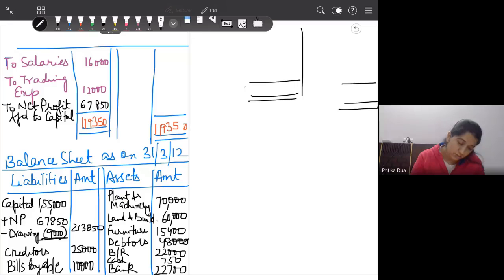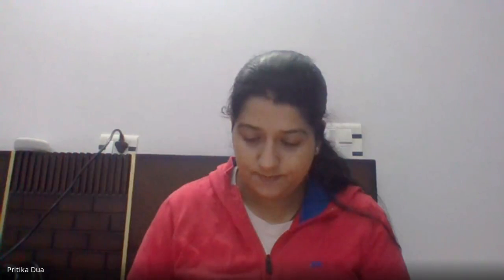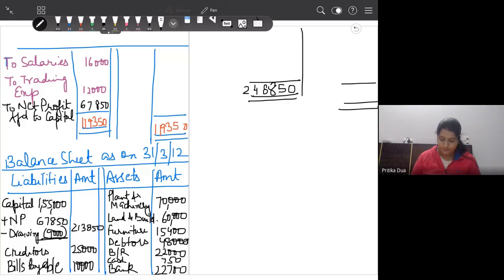The liability side total is 2,48,850. The one entry on the asset side is closing stock 10,000.